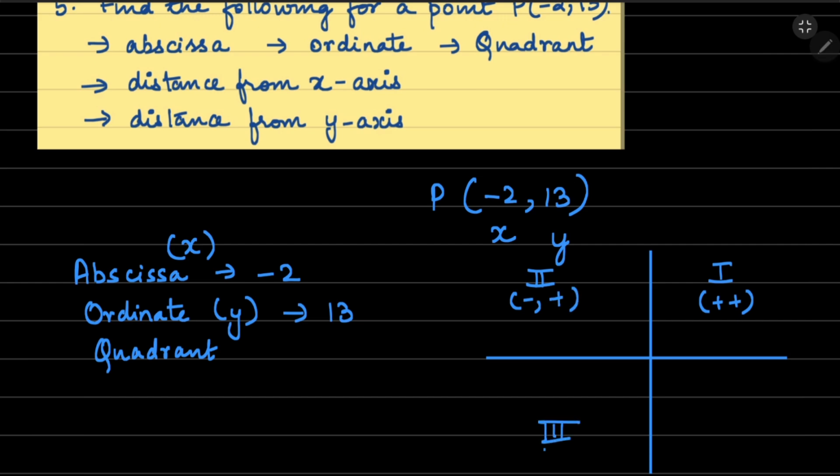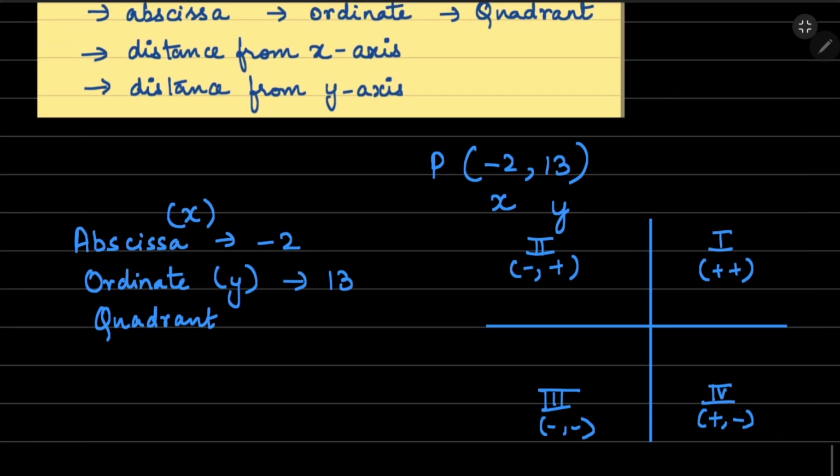Third quadrant, wherein both x and y are negative. And in the fourth quadrant, x is positive and y is negative. So if you take your minus 2 comma 13, it will lie in the second quadrant. It will be somewhere like this, and this will be your point.